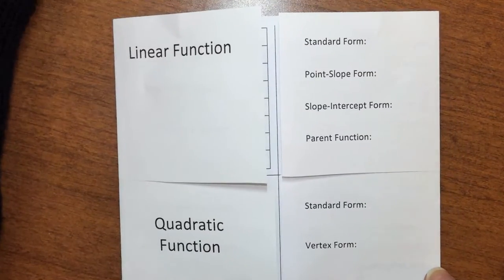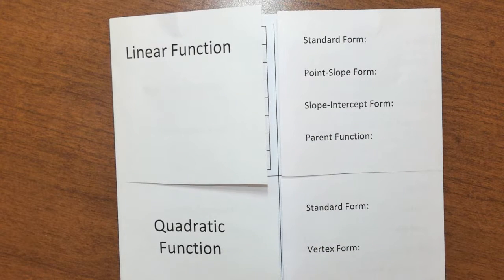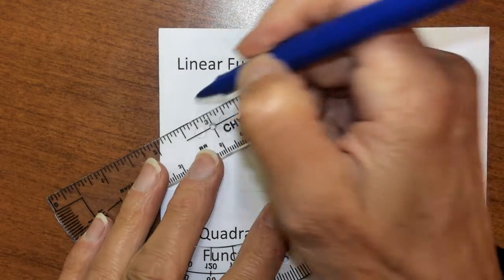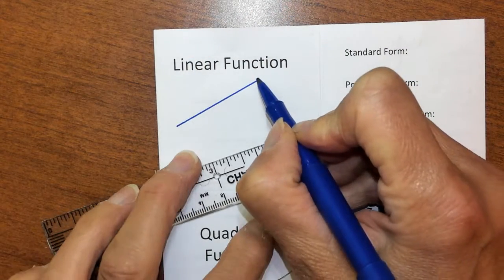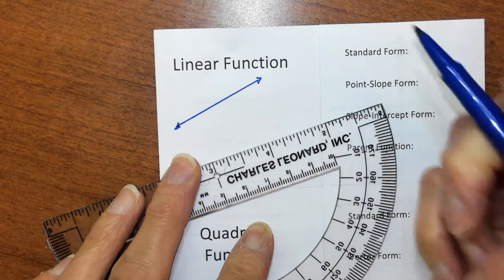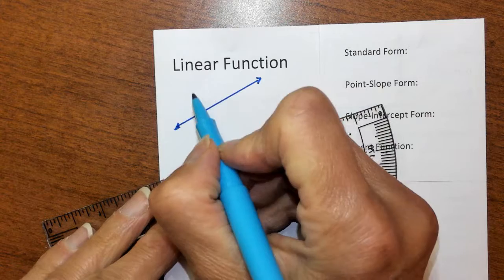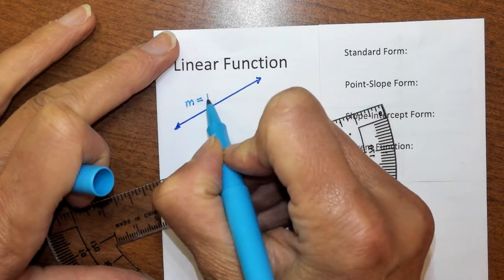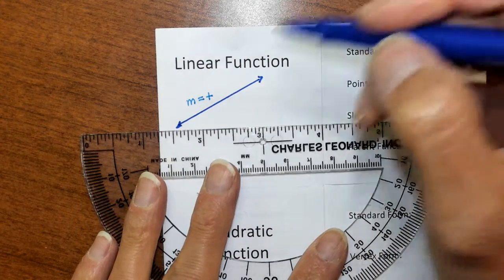And let's just talk about some of these things that we already know. So when I'm talking about a linear function, let's just sketch some ways a linear function could look. So linear means line. So I could have a line that goes in a positive slope. So here I'm going to say that this slope is positive, or I could have something that has no slope at all.